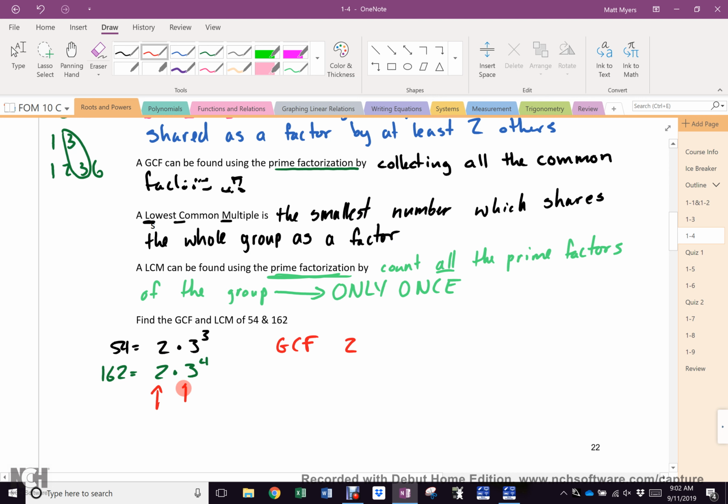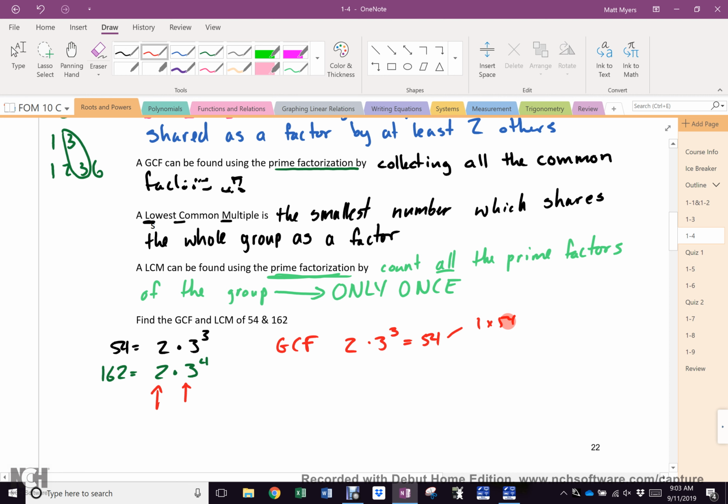Is 3 common to both numbers? How many 3s? 3 3s. 2 times 3 cubed is 54. So 54 is the greatest common factor. What? How can 54 be a factor of 54? 1 times 54 equals 54.